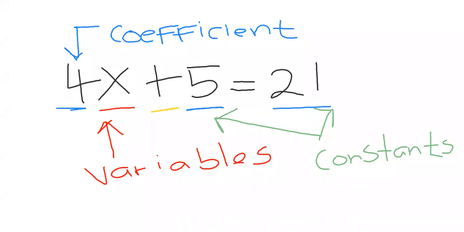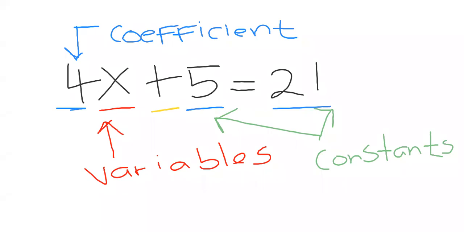So I will summarize what I just said. Every algebraic expression has what we call a variable, which is that letter that we find in our expression. And every algebraic expression has what we call a coefficient, which is that number that is attached to our variable.